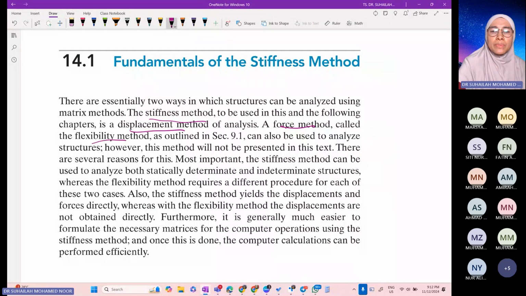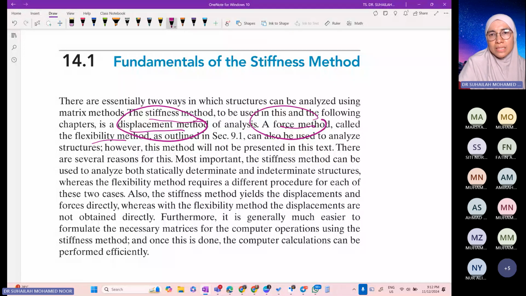Because in flexibility method, we determine the redundant, and the redundant is a force, that is why it is called the force method. Stiffness method is also known as the displacement method, which means displacement is the first output. Flexibility method is the same as force method; if you do not find the topic flexibility method in the textbook, you have to refer to force method.